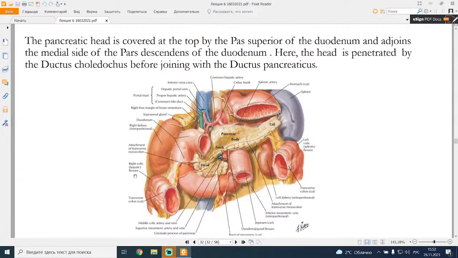The pancreatic head is covered at the top by the pars superior of the duodenum and adjoins the medial side of the pars descendens of the duodenum. Here the head is penetrated by the ductus choledochus before joining with the ductus pancreaticus.